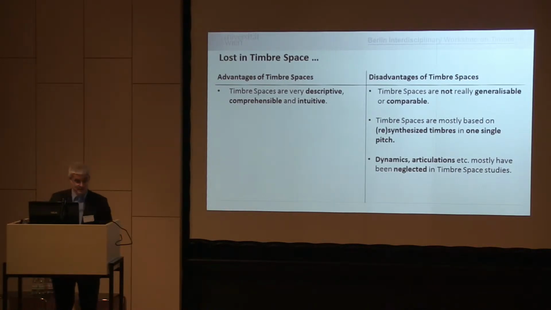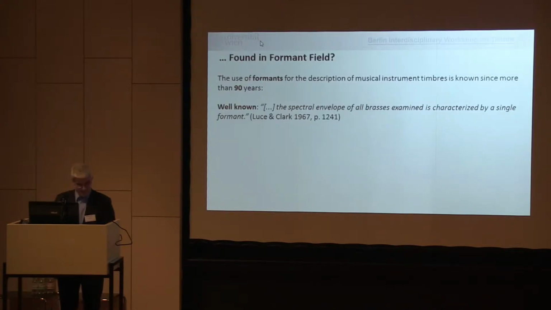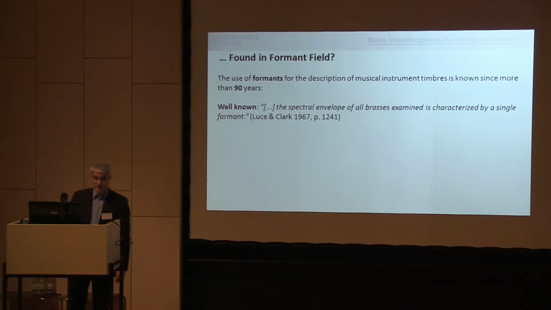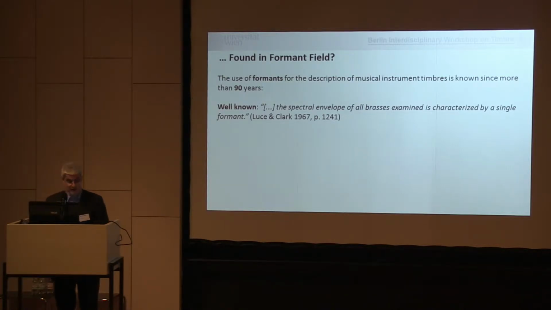So let's take a look at an alternative concept which also deals with timbre similarity and which is more generalizable. Okay, formants. Formants have been used for instrument timbre description by acousticians like David Luce and Melvin Clark when they searched for physical correlates of brass instrument tones in 1967.